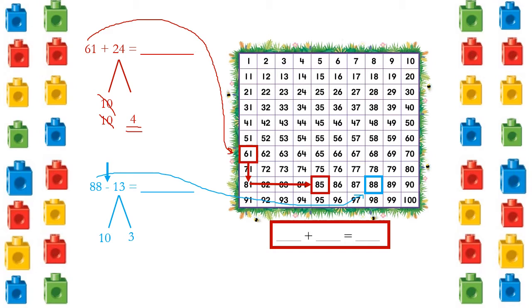Now, let's subtract 10, which means we're going to go up 1 row. And even though we finished with the 10, we still have 3 to worry about. So we're going to go to the left 3 spaces. And that takes us to 75.